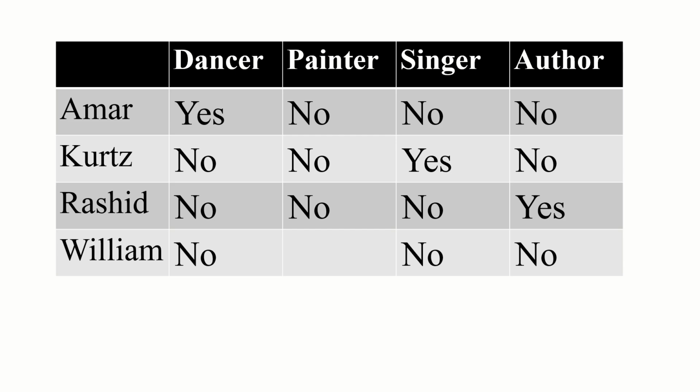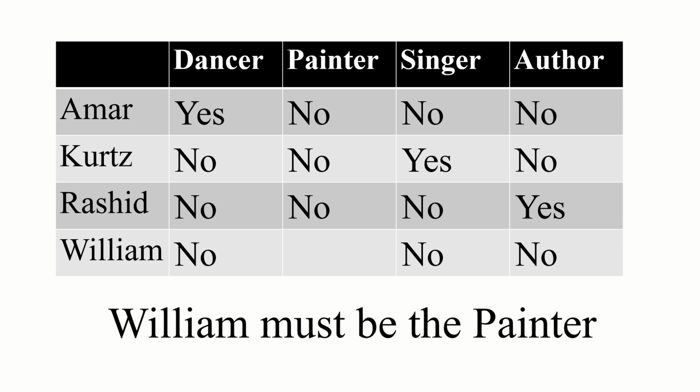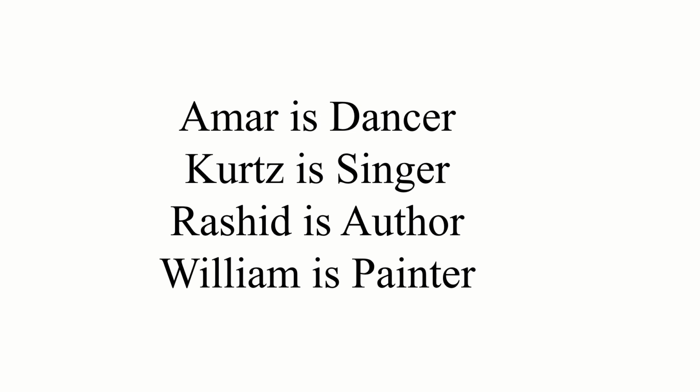So we put this information into the matrix, which is almost complete. Now the only cell that has been left unfilled in the matrix is the relationship between William and painter. William is not dancer, he is not singer, he is not author, then he must be the painter. So our solution to the puzzle is that Amar is dancer, Kurt is singer, Rashid is author, and William is painter.